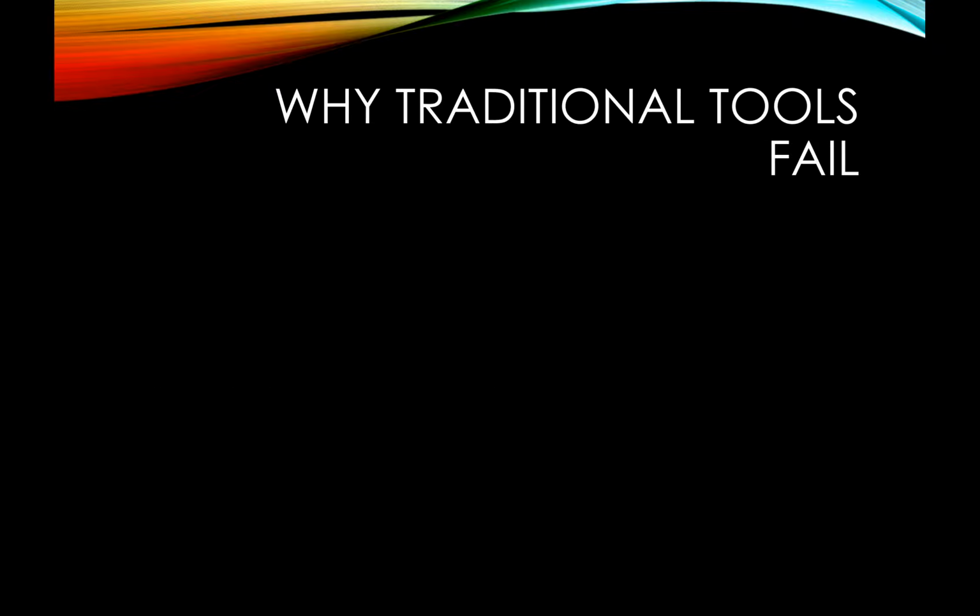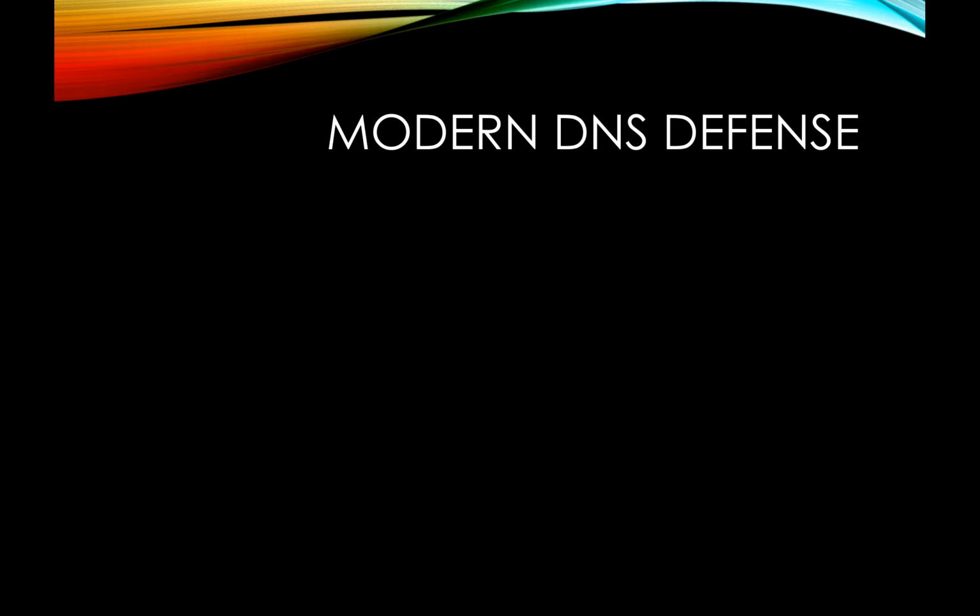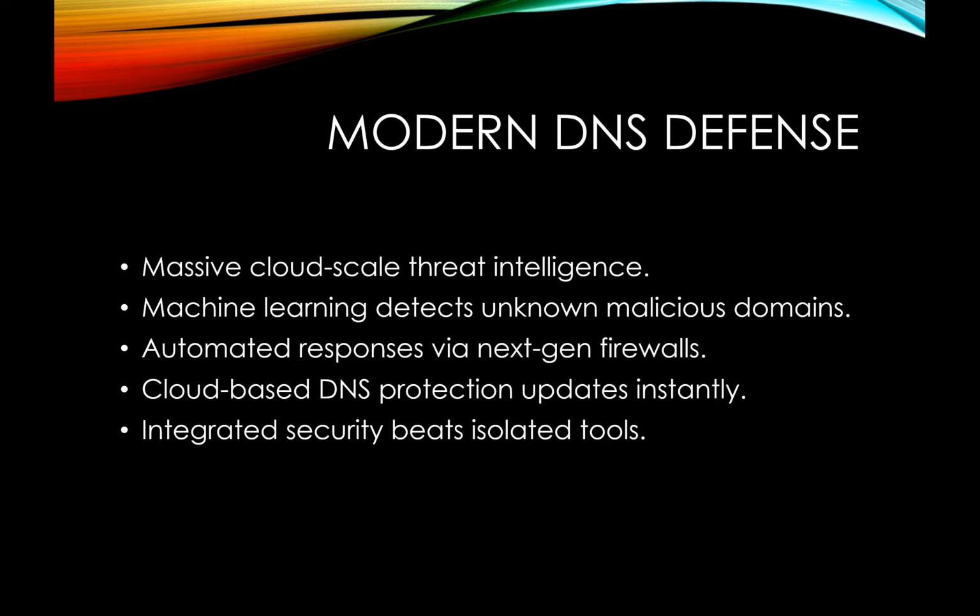Why do traditional tools fail? Because DNS traffic is massive, dynamic, and rarely inspected. Blacklists cannot keep up with DGAs. Standalone tools cannot share intelligence. Manual work is too slow for automated attacks. Modern defenses, as we already mentioned some of them before: you need massive cloud threat intelligence.